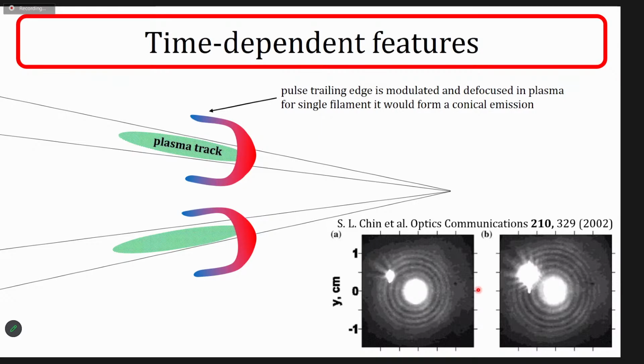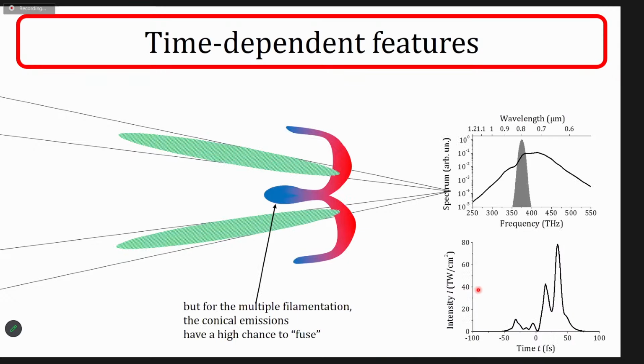But unlike the collimated filamentation, when we work with a focused beam, we have quite a good chance. So there would be multiple collisions of these rings surrounding the filament. And we have a good chance that they will combine from several sources, and they will form some quite strong bullet, something that is called a superfilament, maybe.